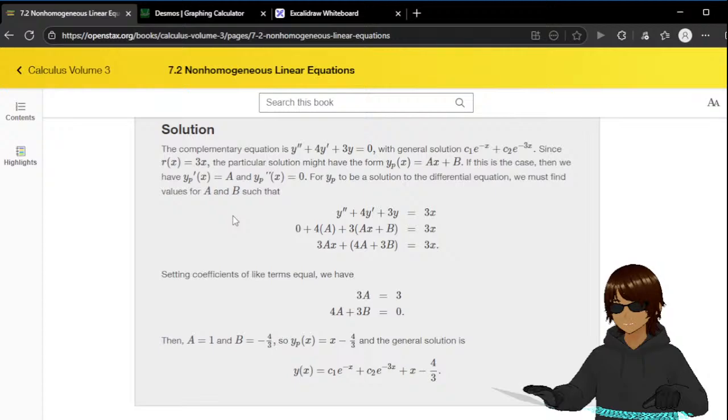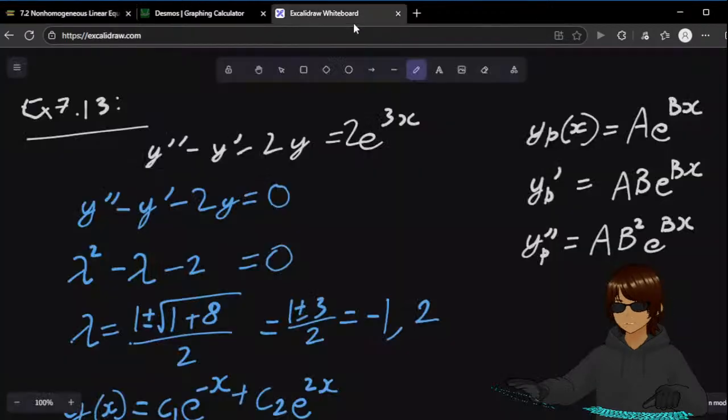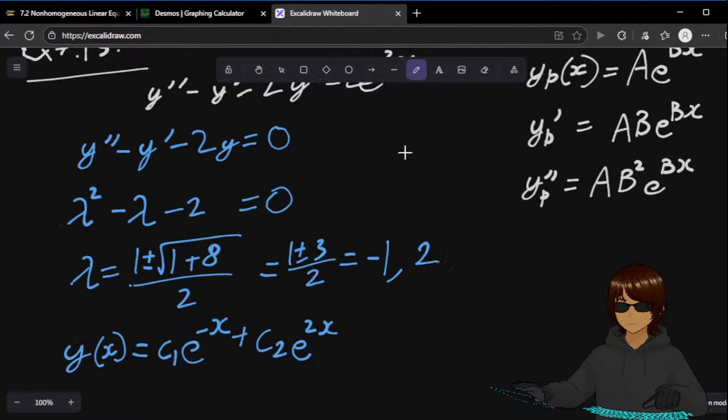We must find values for a and b such that... how did they get these three? Oh, I see. They put this here.